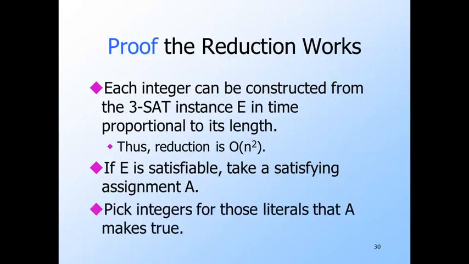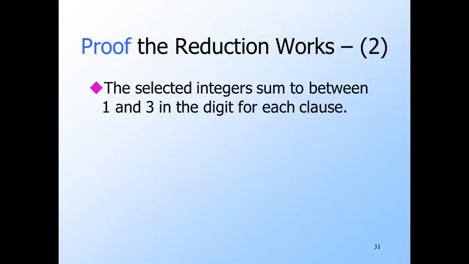For a subset of integers, we'll start with the integers that correspond to the literals that a makes true. That gives us the necessary one in the position for each of the variables, that is the high order positions. The integers we selected so far make each clause true, so their sum in the positions corresponding to the clauses, that is the low end positions, will each sum to 1, 2, or 3.